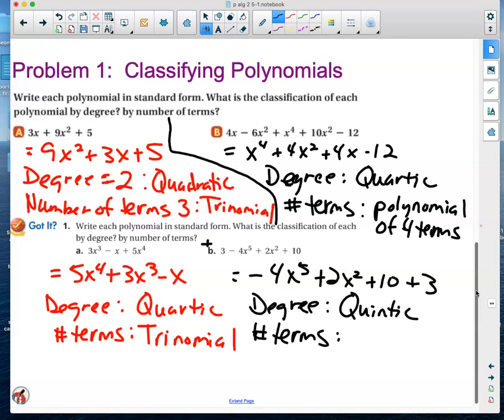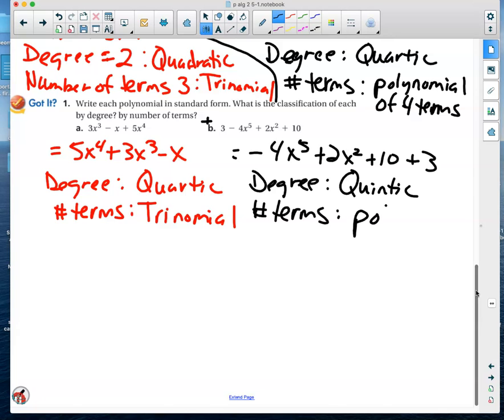From this end, it sounded like 2 terms. I don't think there's 2 terms here. Polynomial of 4 terms. But yeah, the sound was cutting in and out.